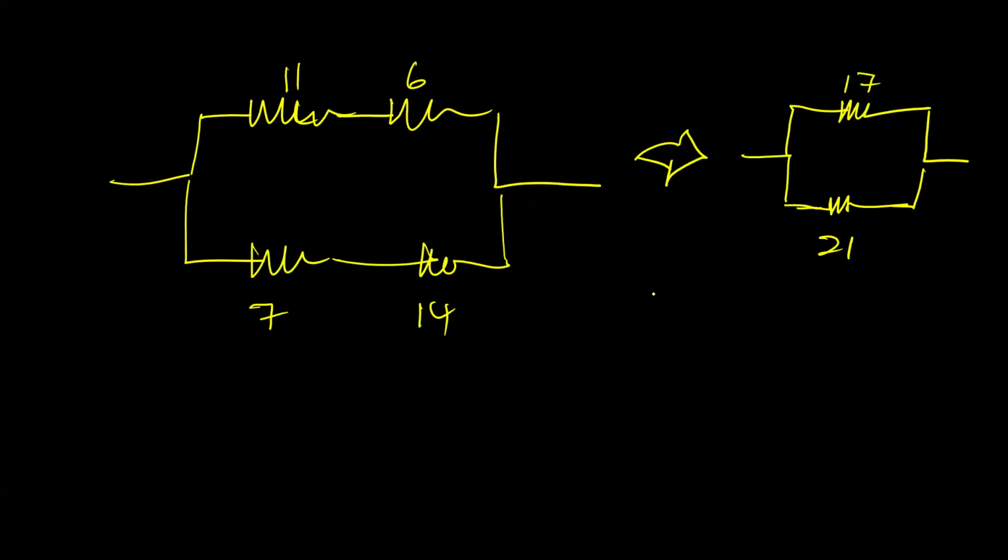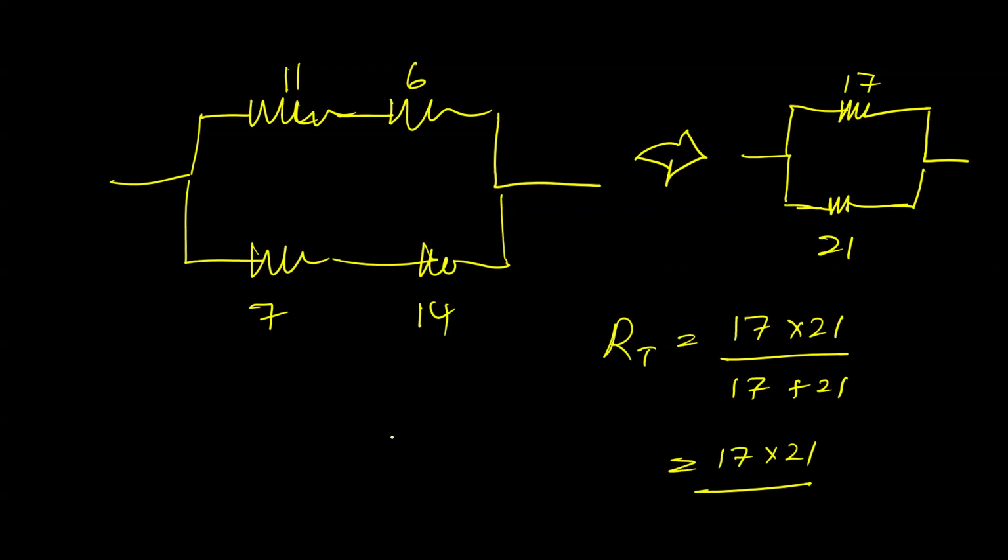Here, when you do the 1 over R total, it's going to be a big mess. So you get R total as 17 into 21 divided by 17 plus 21. You can keep the answer as 17 into 21 divided by 38. You can keep the answer like this, or you can multiply this and get the answer.